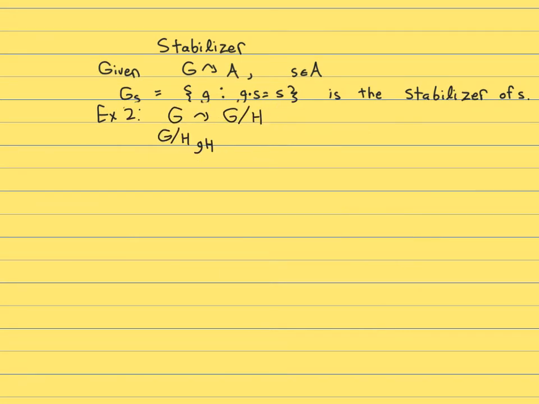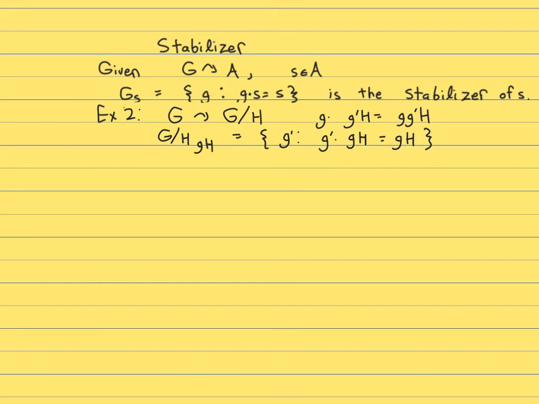Now let's do another example. We already looked at the example of, given a subgroup H of G, G acts on the coset space by multiplication by the coset representative. We'll take an arbitrary coset gH, and let's look at the stabilizer. By definition, that's all group elements g' such that g' dot gH is actually equal to gH.